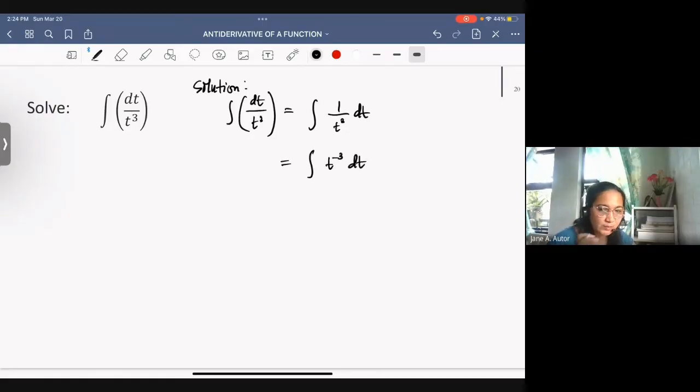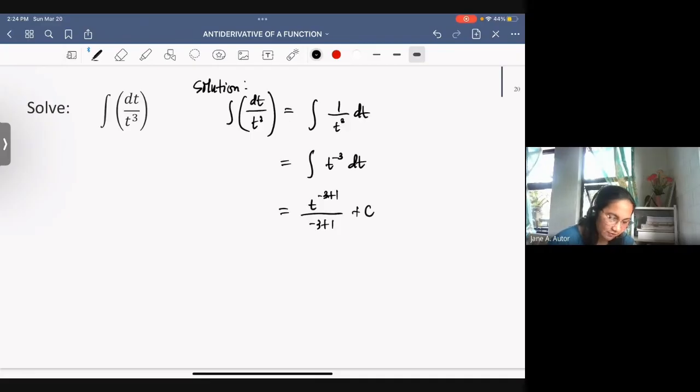And after which, we will apply the power rule for integration. So this will be t raised to negative 3 plus 1 divided by negative 3 plus 1, plus c.